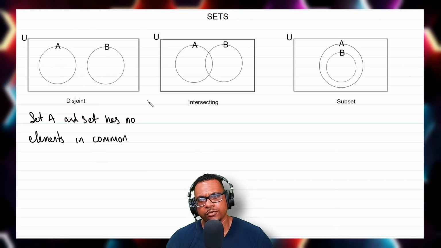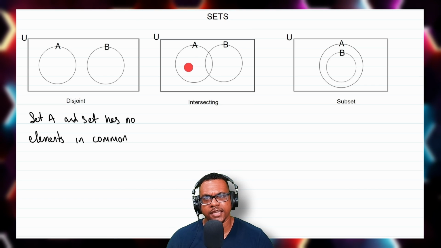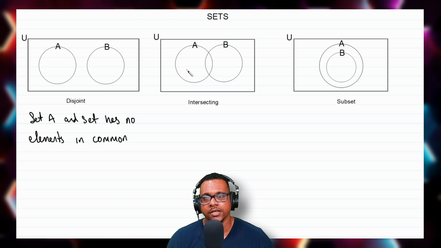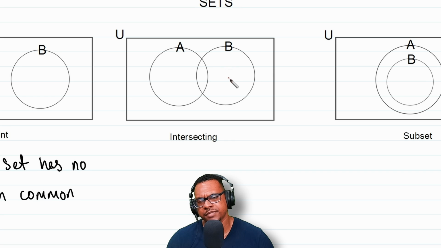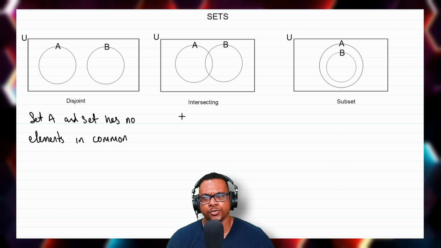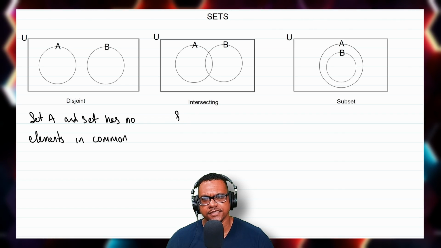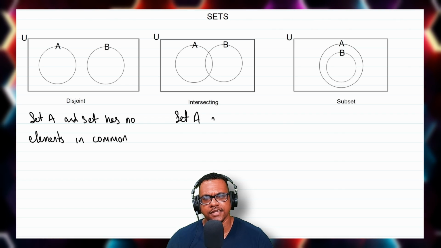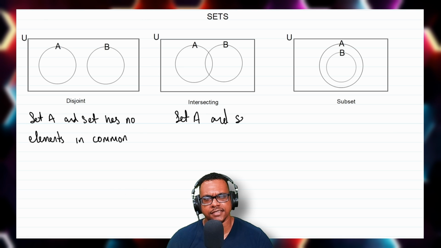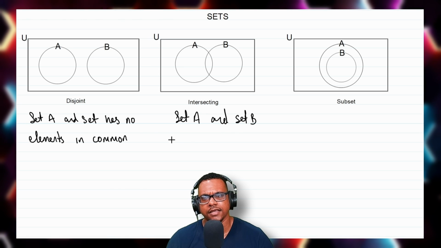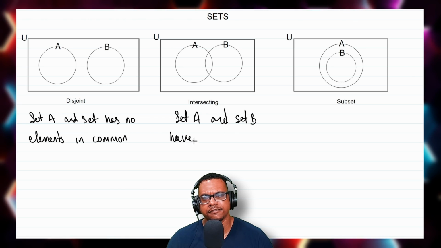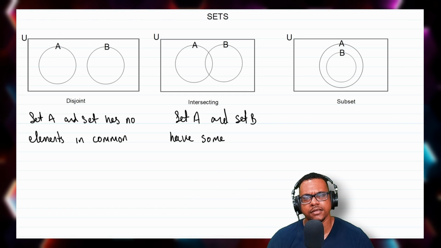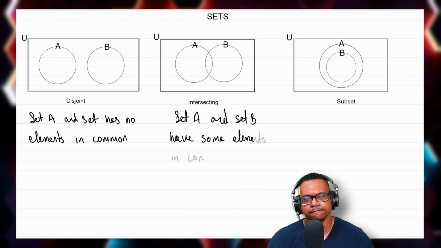Okay, now for our second diagram here, our second possibility, we have where set A and set B would have some elements in common, and we call those intersecting sets. All right, so here we have set A and set B have some elements in common.